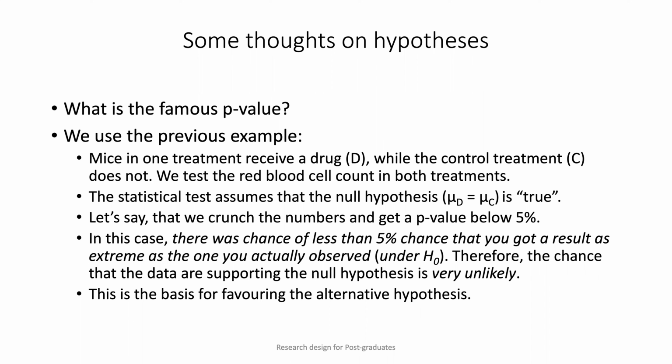We test the red blood cell count in both treatments. The statistical test that we use is designed and assumes that our data are following what we call the null hypothesis. And the null hypothesis is that the average value for the drug and the control treatments are the same.